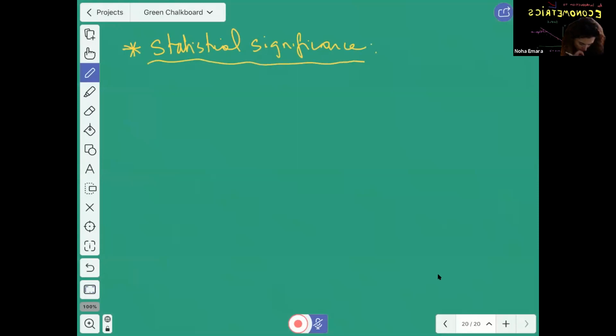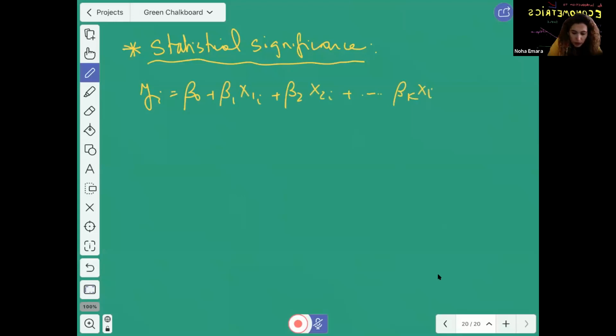I have a model, beta naught plus beta 1 x1i plus beta 2 x2i plus, and suppose this is an estimated model.